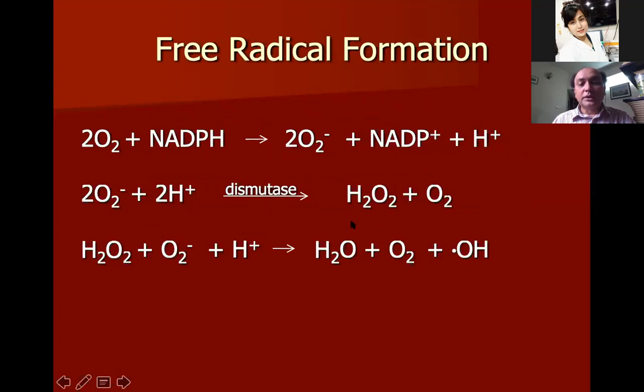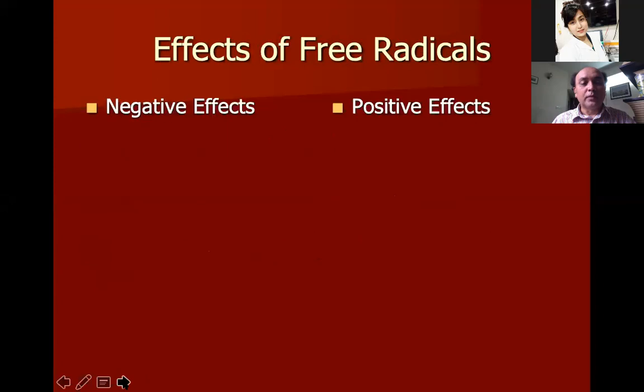Hydrogen peroxide is also a problematic compound, and by using a dismutase, this free radical is converted into hydrogen peroxide and finally can be converted to water. So the most important origin of free radical formation is oxygen, especially in the electron transport chain.